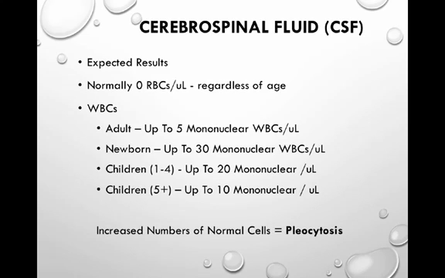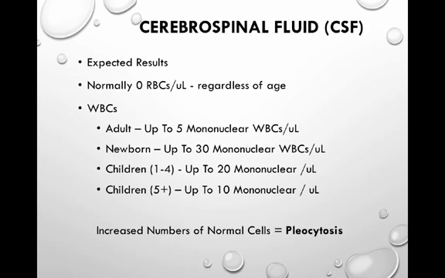Pleocytosis is a term used to indicate an increased number of normal cells. You can have a neutrophilic pleocytosis, lymphocytosis or lymphocytic pleocytosis, mixed cell pleocytosis, etc. So if there are too many red blood cells present to get an accurate white blood cell count, you can go through the lysing process that we practiced in lab.